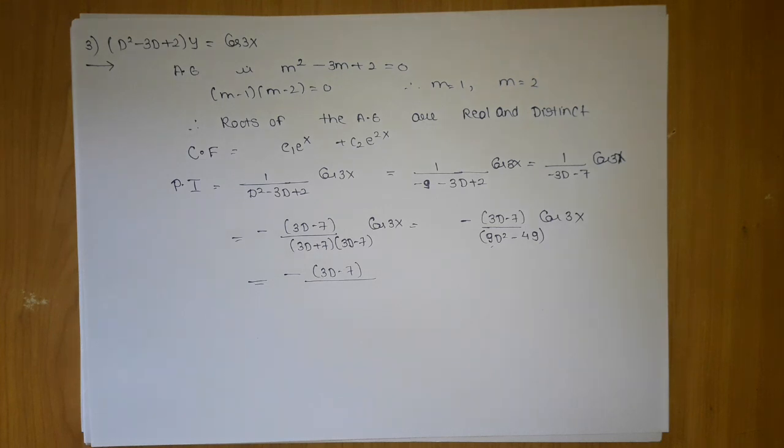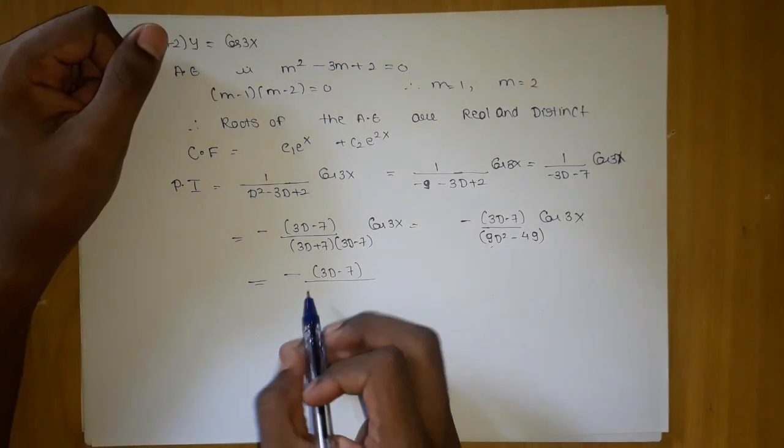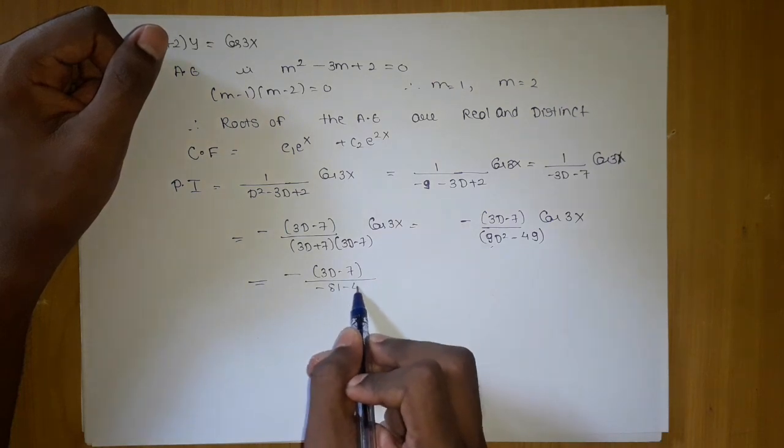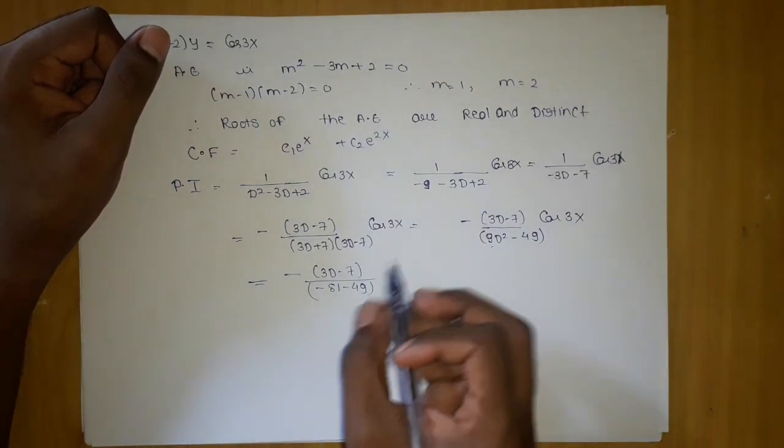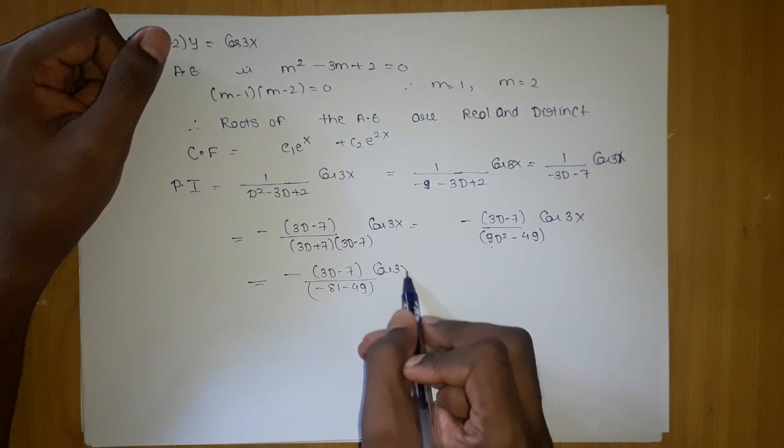If we substitute here, 3^2 is 9, and -9, and 9 into -9 will be -81. So we are going to get (-81 - 49) in brackets, into cos 3x.